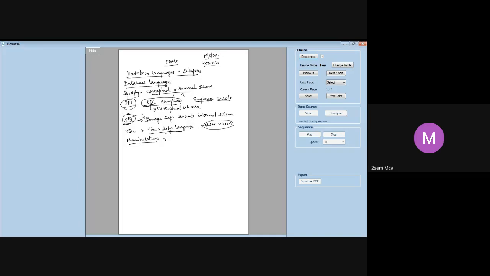Now, when I say manipulation, it can be any retrieval of data, it can be insertion, it can be deletion, it can be any kind of modification. These are all nothing but the manipulation that you will be doing. So how do you do this? The DBMS provides one more language which is called DML, or the data manipulation language.